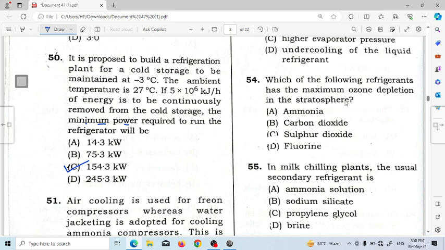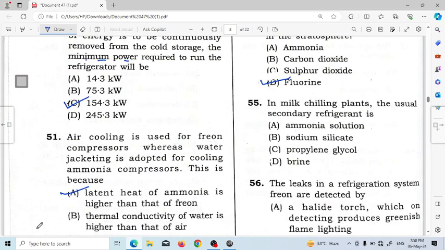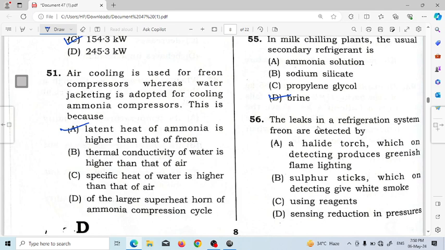Maximum ozone depletion in the stratosphere is caused by fluorine. Next, in a milk chilling plant, the usual secondary refrigerant is brine, option D. Next, the leaks in the freon refrigeration system are detected by a halide torch, which produces a greenish flame, and a sulfur stick is used for NH3 ammonia.